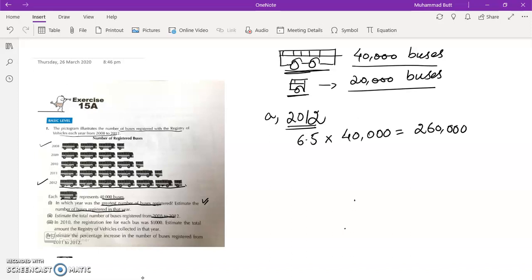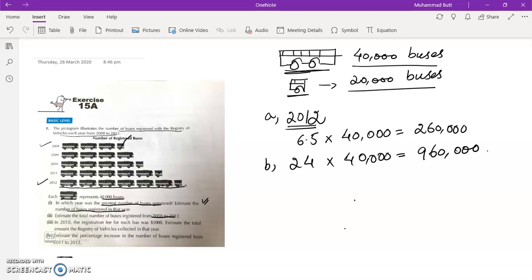And then these two half buses make 23, and these two half buses make 24. So in total, there are 24 buses. And 24 buses will be multiplied by 40,000, as one bus is representing 40,000 buses. So 24 buses will be representing 960,000 buses.